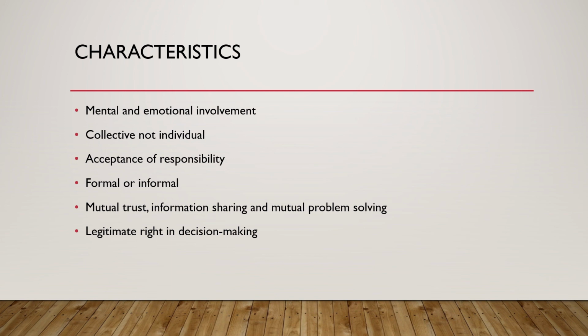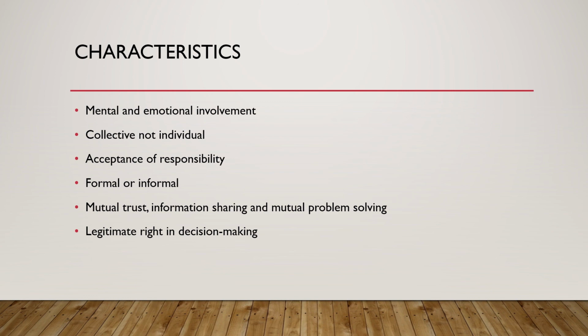And the company's affairs should be informed to the employees. So, mutual trust, information sharing, and mutual problem solving. So here it is entirely different from collective bargaining. Here we can say there will be mutual trust, information sharing and mutual problem solving.